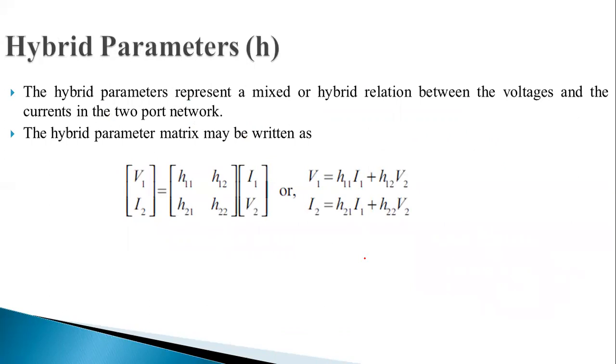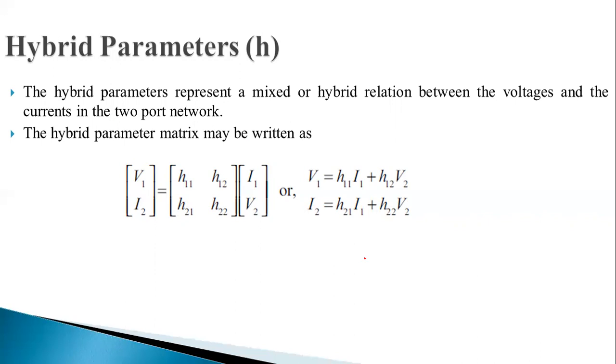Next parameter is called the hybrid parameter or H parameter. The hybrid parameter represents a mix or hybrid relationship between the voltages and the currents in the two-port network. So the hybrid parameter matrix is shown over here. We already know that the H parameters of the two-port network are defined by expressing the voltage of the input port V1 and the current of the port I2 in terms of the current of the input port I1 and the voltage of the output port V2.